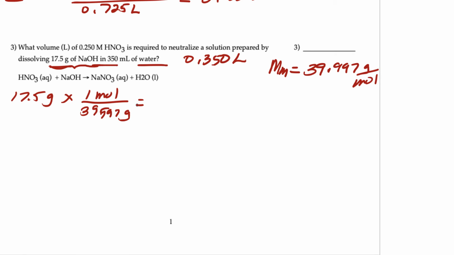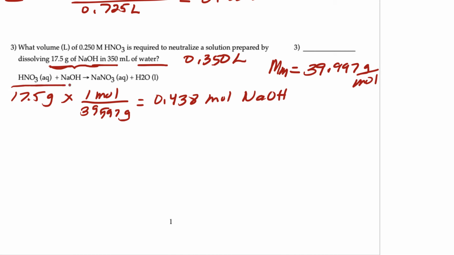So 17.5 divided by 39.997 gives 0.438 moles of sodium hydroxide.